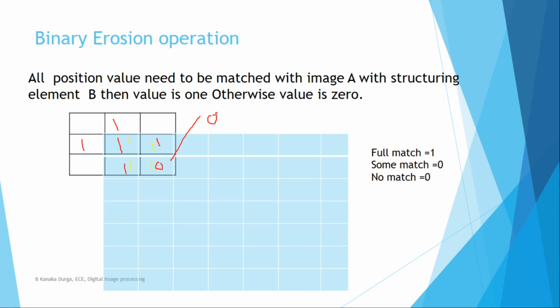So in this case, A erosion B is equal to 0 for this pixel position.